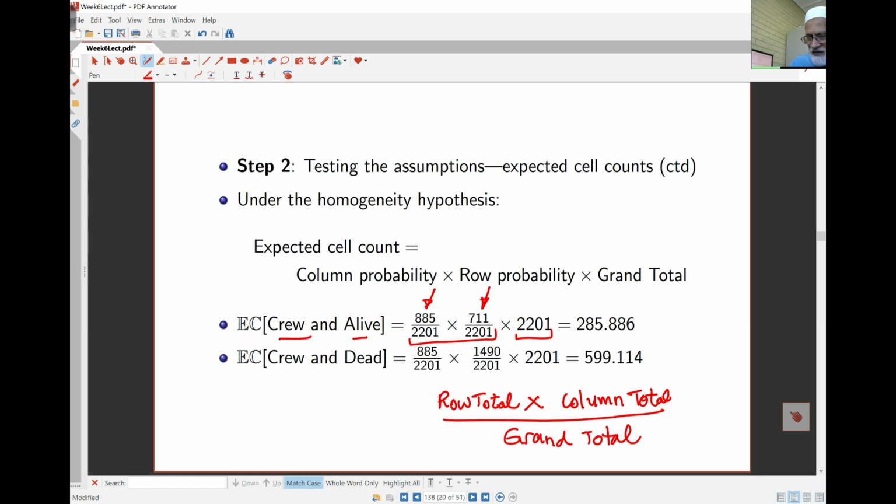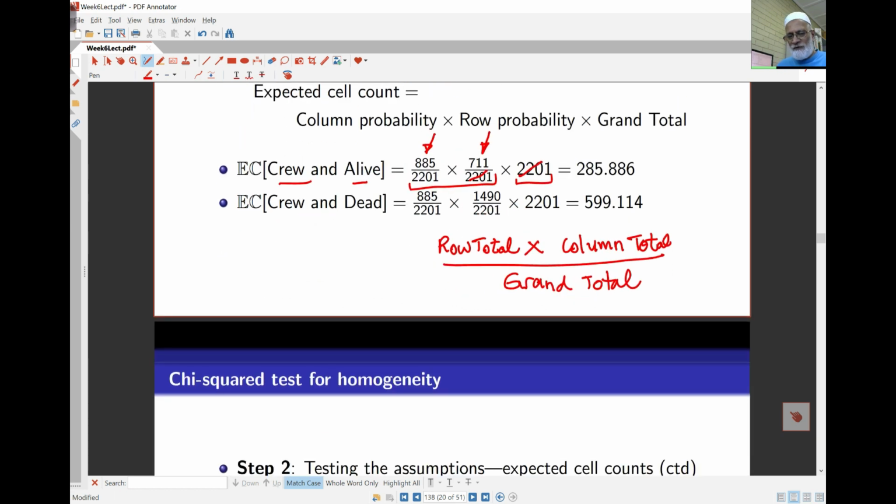This is the NP area: this is our N, the number of passengers altogether, and this is the probability of being a crew and being alive. Because of independence, we multiply those probabilities, then times the grand total. You can see that this actually cancels off, so I've got the column total and row total multiplied, divided by the grand total. That's how each of these can be worked out.